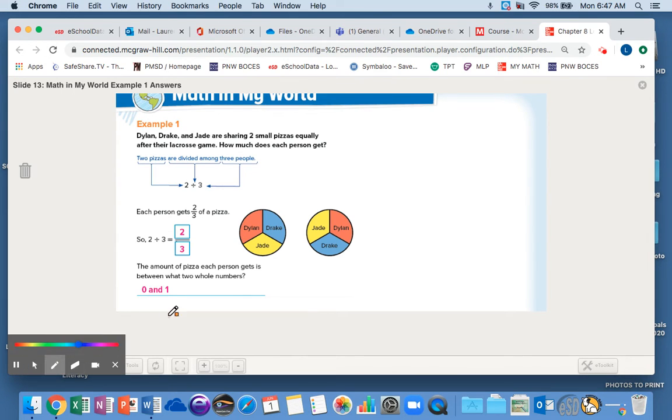The whole in this case would be if you ate the whole thing, you'd have 3/3 of that pizza, right? Each of them only had 2/3 of the pizza. So 3/3 would equal one whole. Whenever you have any two numbers on top of each other, if you had 4/4, 5/5, 6/6, that would equal one whole. Okay, you're completing a whole. You'll see that more. Obviously, we'll get more examples of that.